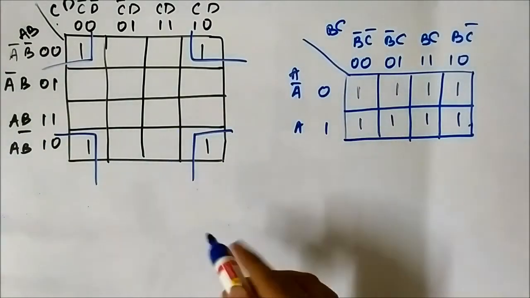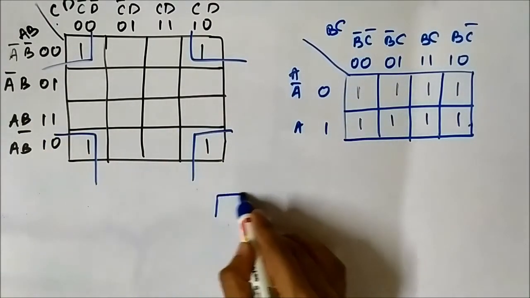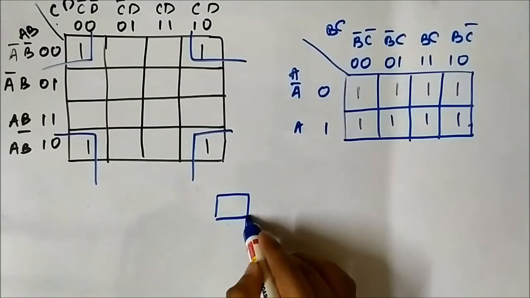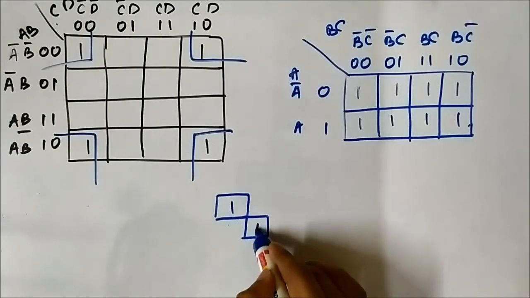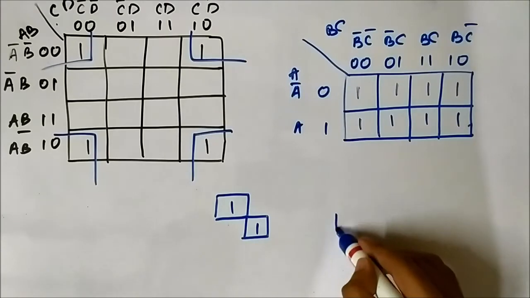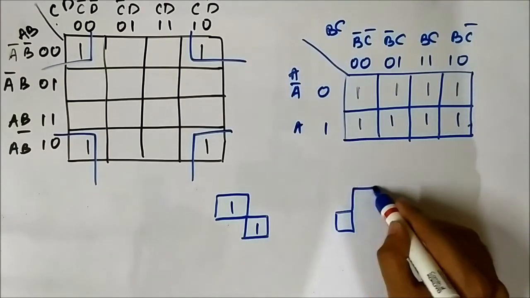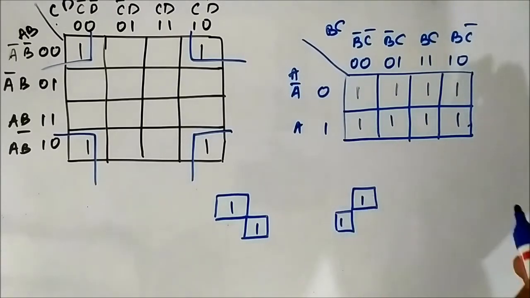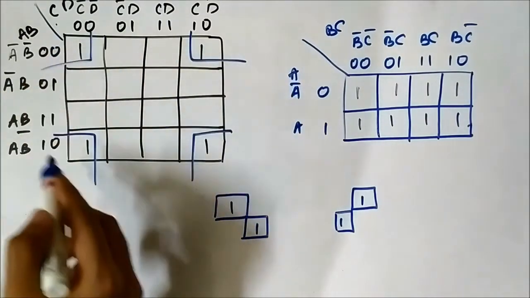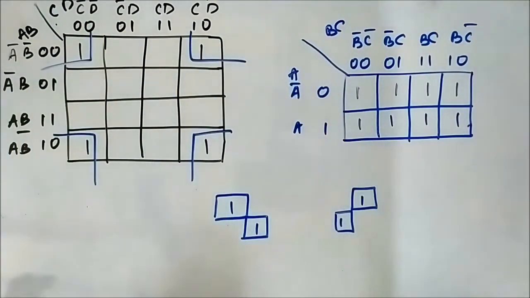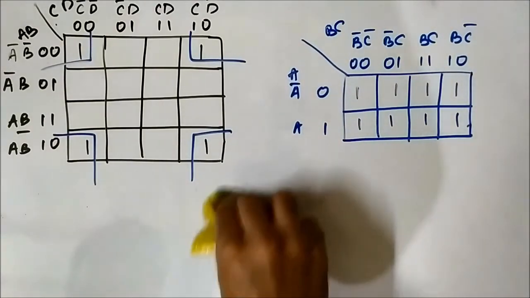Remember I told you that if cells are like this, then they cannot be grouped, or if they are like this, then they cannot be grouped. But here they are the corner cells, so in this case a quad is possible, grouping is possible.